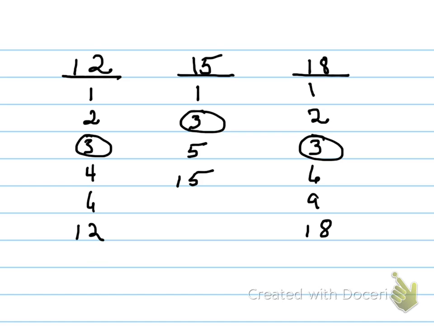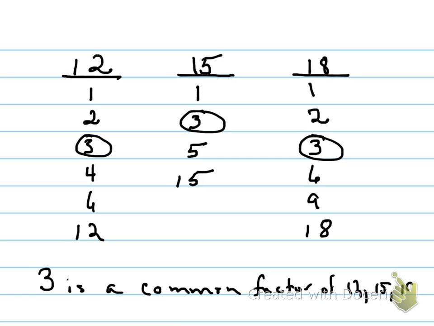Are there any other factors that they share? Well, I don't see any others. At this point, I would say that 3 is a common factor of 12, 15, and 18. I've made my list.